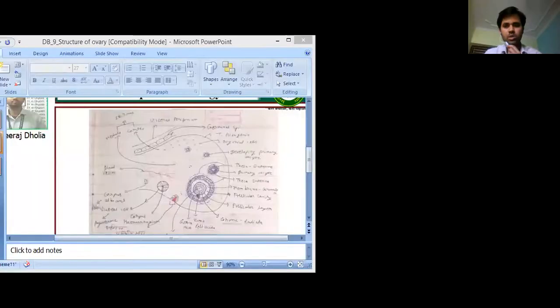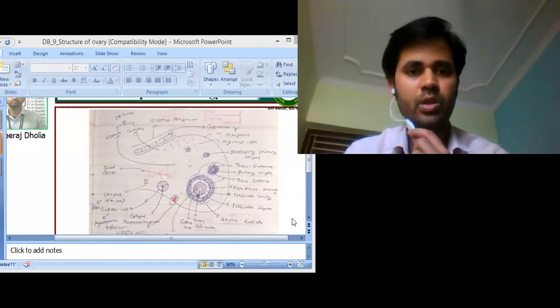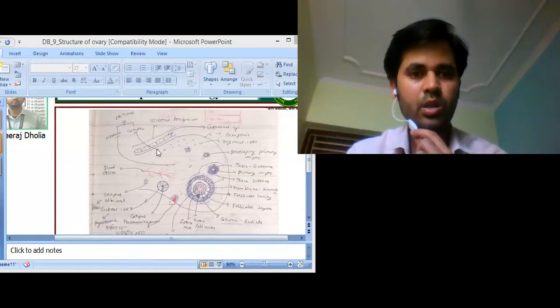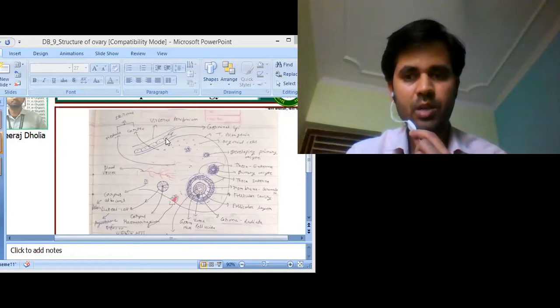This is the structure of the ovary, and as I said, there are three layers in the ovary. The outermost layer is known as the visceral peritoneum. Below that there is a layer known as the germinal epithelium, and below that there is another layer known as the tunica albuginea.